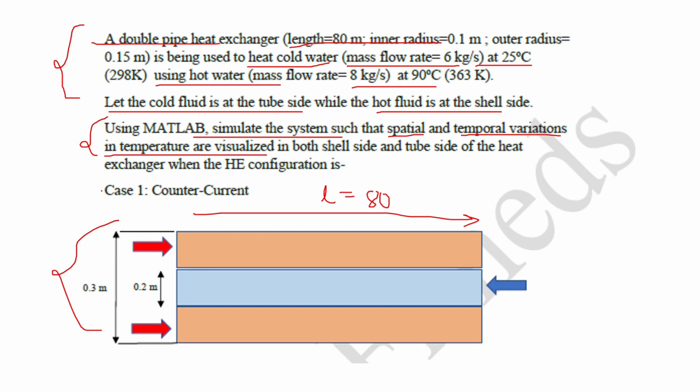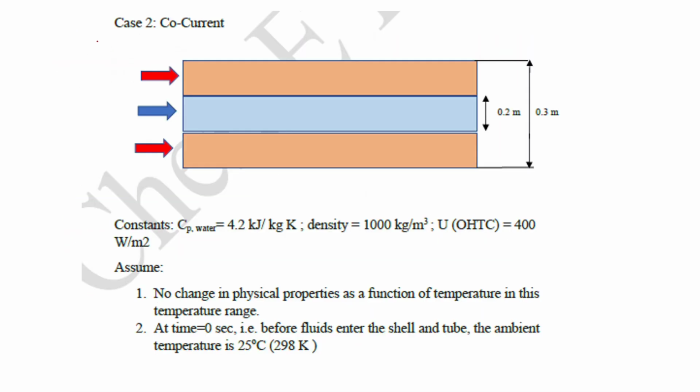We've been given two cases, so we have to see counter current and co-current cases and look at how the temperature changes with respect to time and the dimension of the heat exchanger. And we've been given the constants. Since it's water on both the shell side and tube side, we'll be using specific heat capacity, density, as well as the overall heat transfer coefficient, which has also been given.